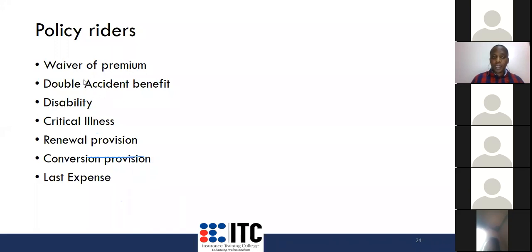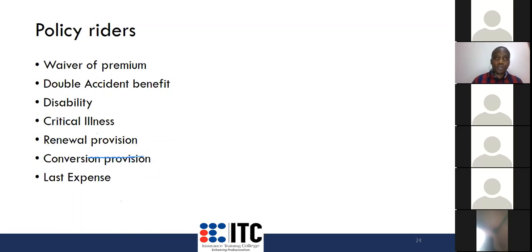All the generic policies in life assurance pay out on death, whether death is a natural event or as a result of an accident. So maybe the question is, what is an accident? An accident is basically caused by an external force that is not natural.